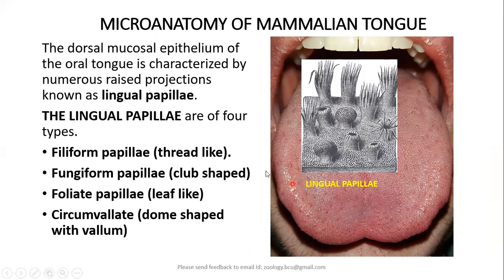So these lingual papillae include filiform papillae, the papillae which are thread-like, fungiform papillae, those are the club-shaped papillae, and we also have leaf-like foliate papillae, and the fourth type called the circumvallate or dome-shaped papillae.